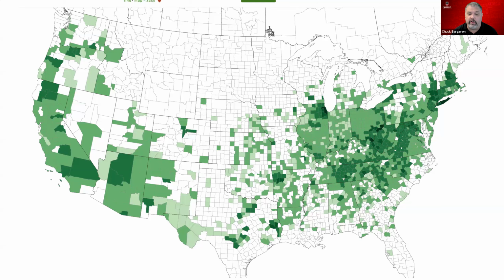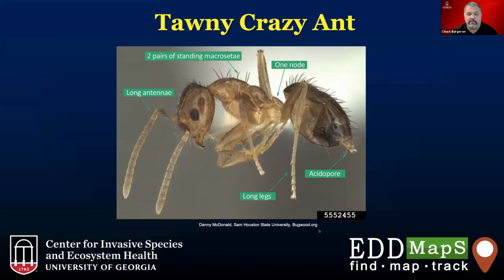And here is the known distribution of tree of heaven in the United States. As you can see, the darker green is where it's known to be more dense, but it is pretty widespread and will provide a pretty good host range for that species if it continues to expand.